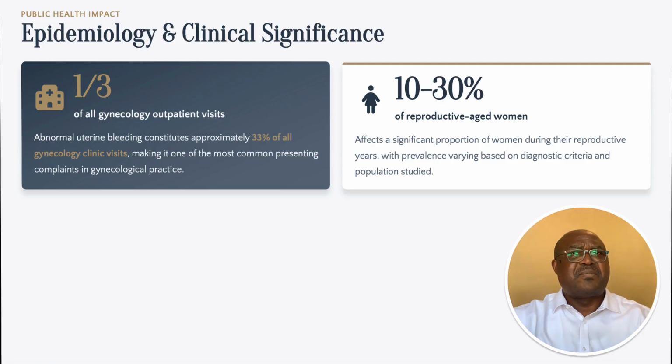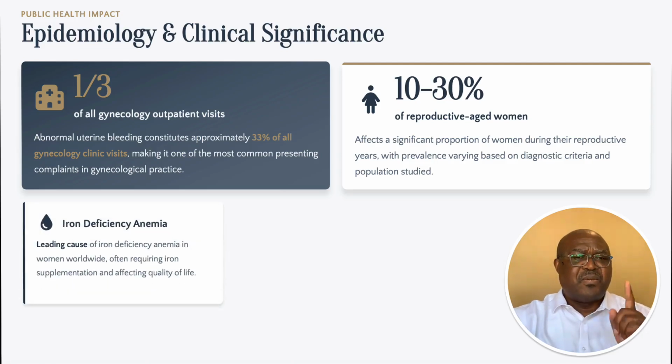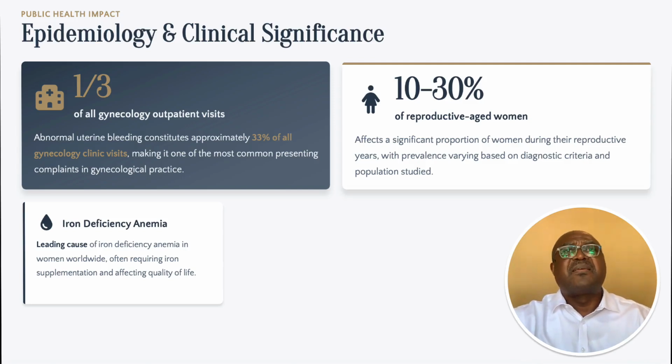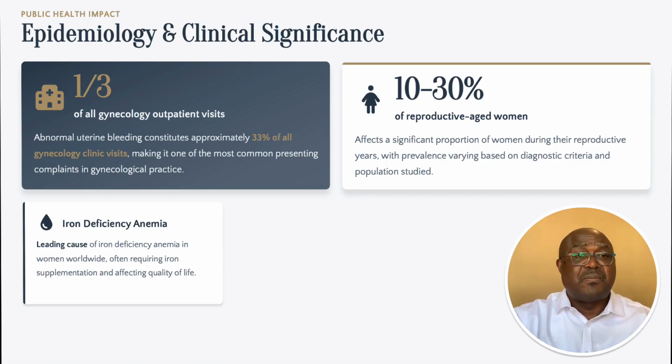Beyond the numbers, consider the consequences, because abnormal uterine bleeding is the leading cause of iron deficiency anemia in women worldwide. Many of our patients require iron supplementation, and some will develop severe anemia requiring transfusion.